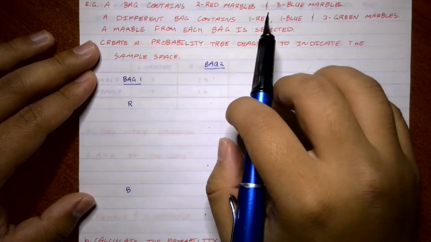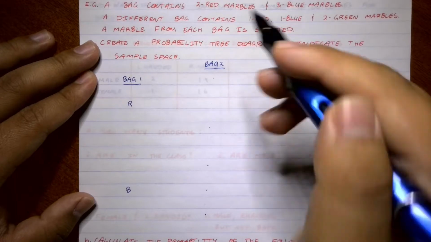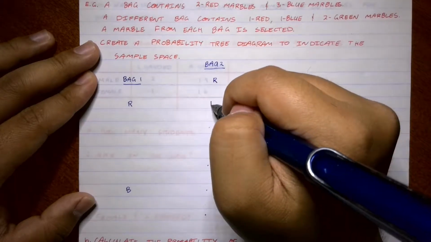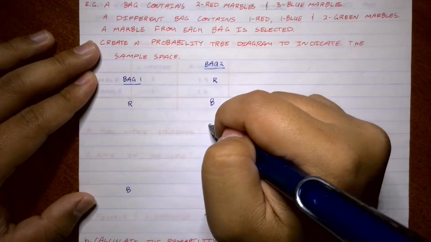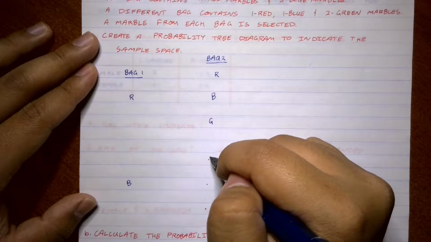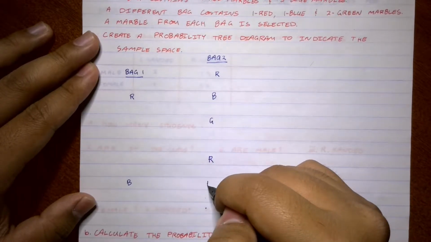A different bag contains 1 red, 1 blue, and 2 green. Okay, so 1 red, 1 blue, and 2 green. And it's the same for the next branch going downwards, like so.